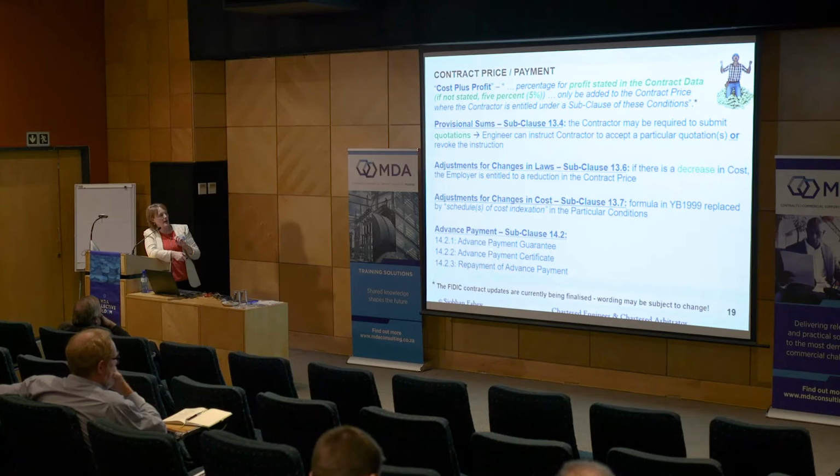And we also have advance payment. Now, I always say to people, and I hope this doesn't come as a shock to you, that in my experience, and I think everybody that I've worked with in FIDIC or come across in my working life, will say that the best aspect of cash flow for making sure the project is going to be successful is to keep the contractor in just positive cash flow.